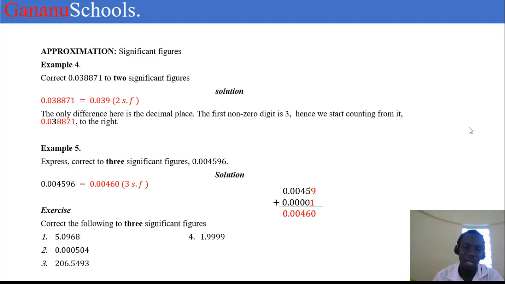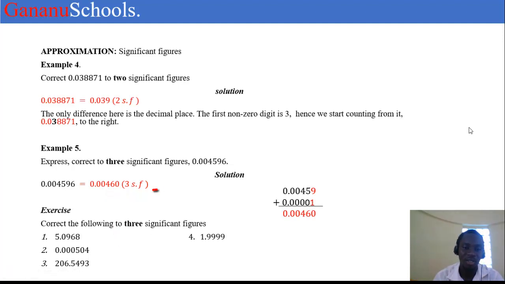Example 5. Express correct to three significant figures, 0.004596. Our solution, we have 0.00460. In this case, our first significant figure is 4, and the second one is 6. The third one here is 0. So in this case, the 0 here is measured. So what's happened?